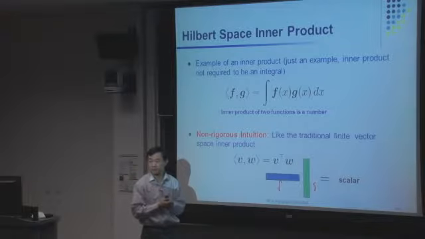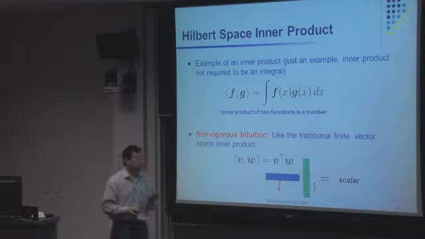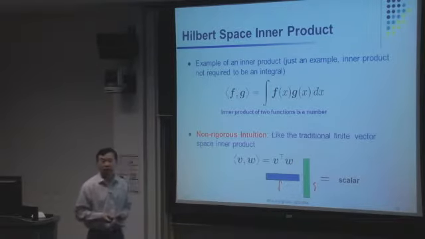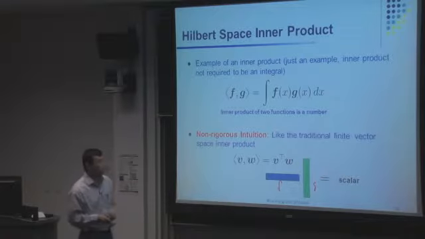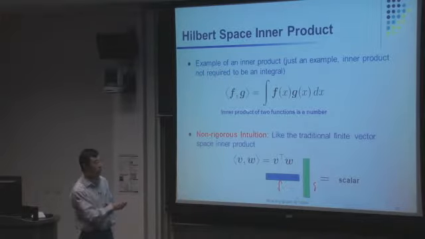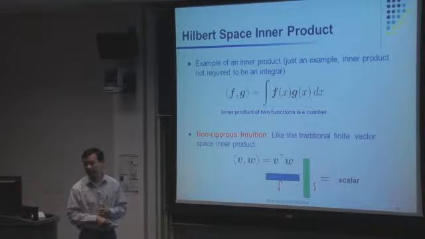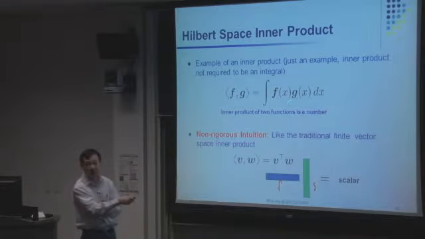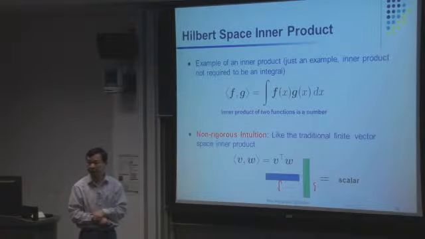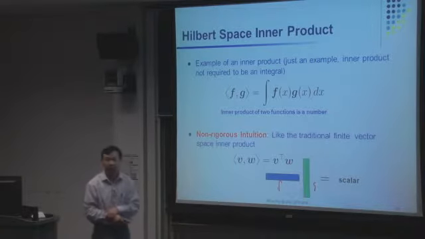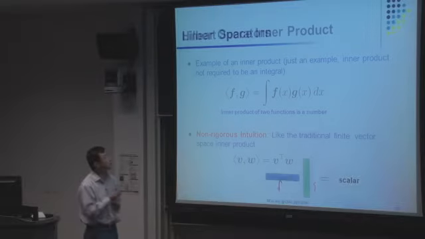So that's basically an ability I want you to acquire, to somehow build the connection between finite dimensional linear algebra and the Hilbert space operation, which is infinite dimensional, but sometimes we just don't mention the word infinite dimensional. It is really an integral between two functions, although geometrically they look like a dot product in infinite dimensional space.